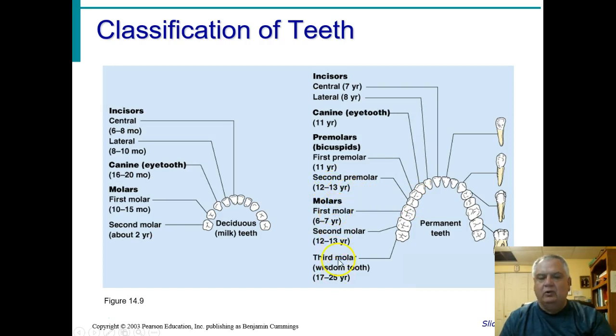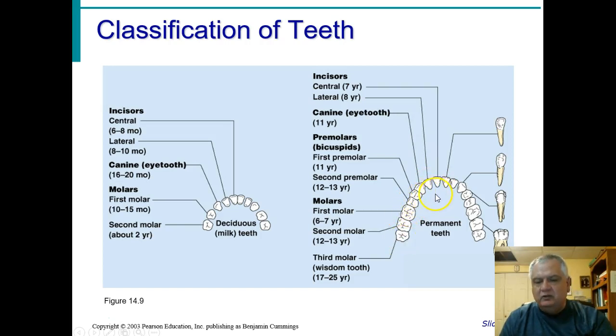And then we have our molars. We have first, second, and third molars, and the times at which they erupt. The third molars are referred to as the wisdom teeth, and they can erupt anywhere between 17 and 25. Okay. So basically what we have then is on either side of the top or bottom, 1 central incisor, 1 lateral incisor, 1 canine, 2 premolars, and 3 molars.